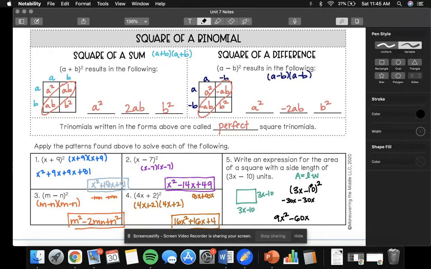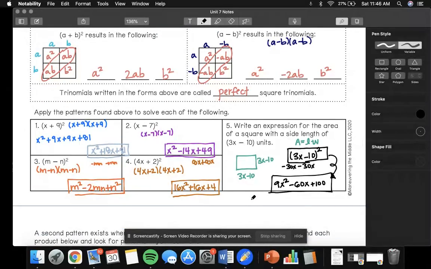Again, the shortcut is multiply these two together and then double it because we would have 2 when we multiply. And then finally, we would do negative 10 times negative 10, which is 100. Again, the shortcut would be just to square the last term. Okay. So both of these are technically correct. We usually like to simplify, so this is our correct answer, 9x squared minus 60x plus 100.